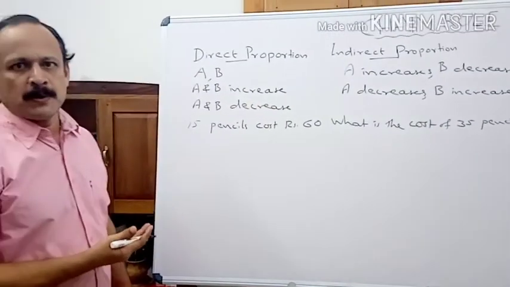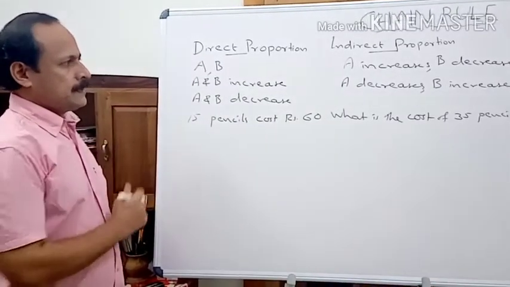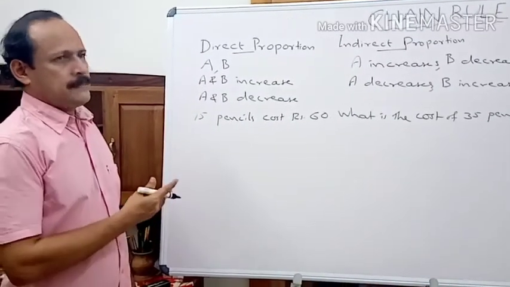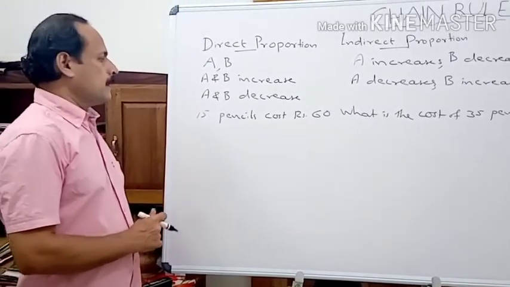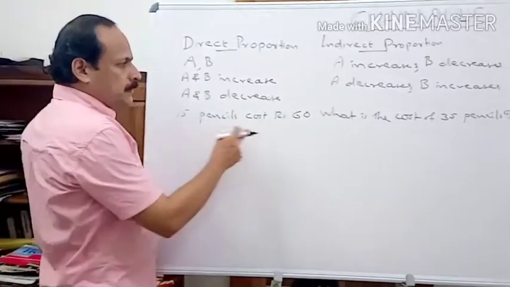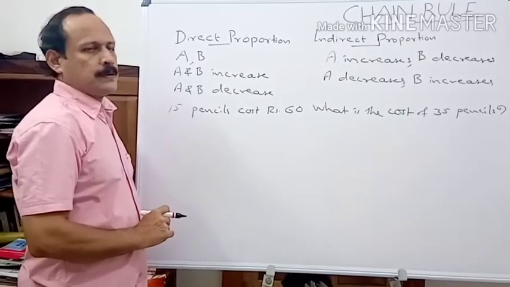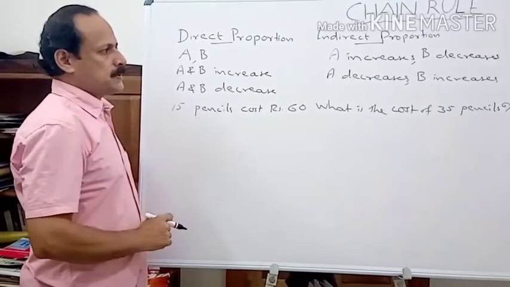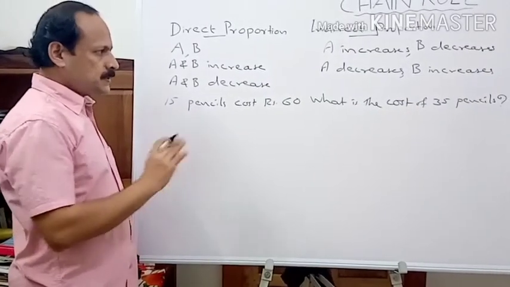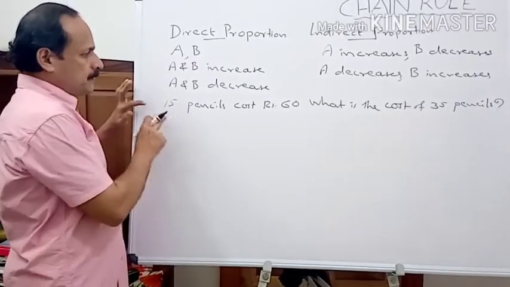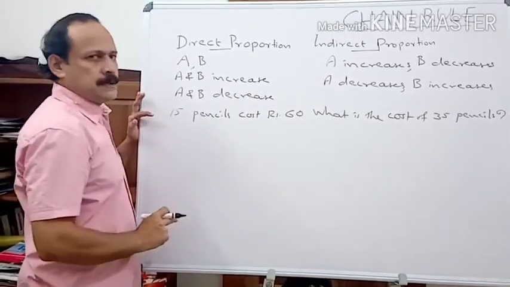This is a very simple problem which even a 4th standard student can solve, and you already know how to solve this question from school classes. Using that technique, 15 pencils cost rupees 60.